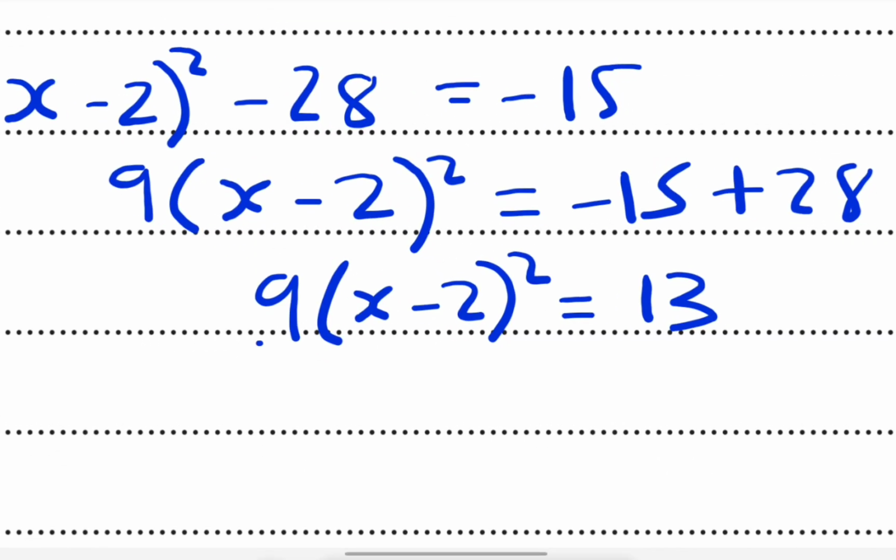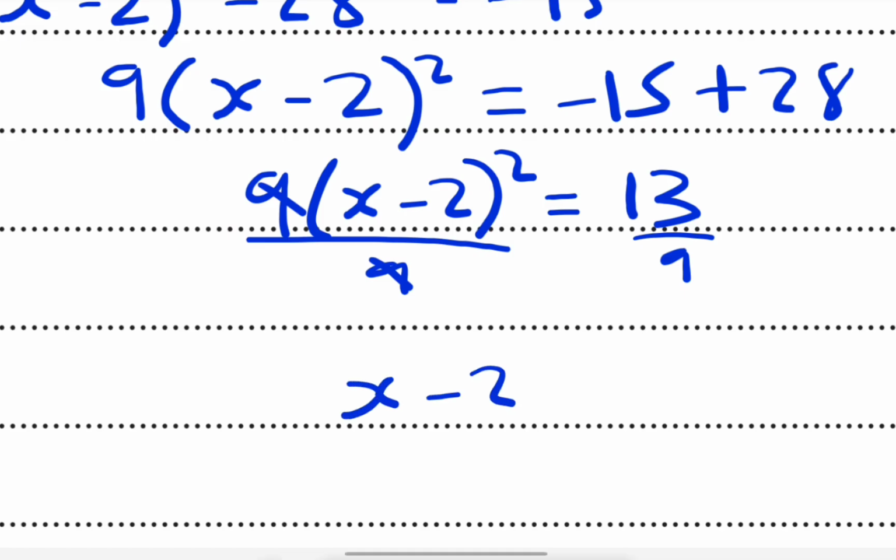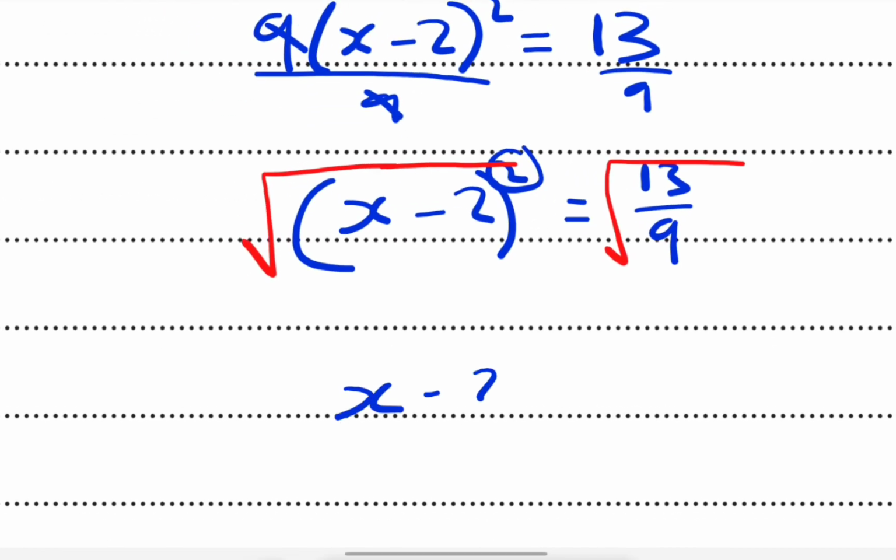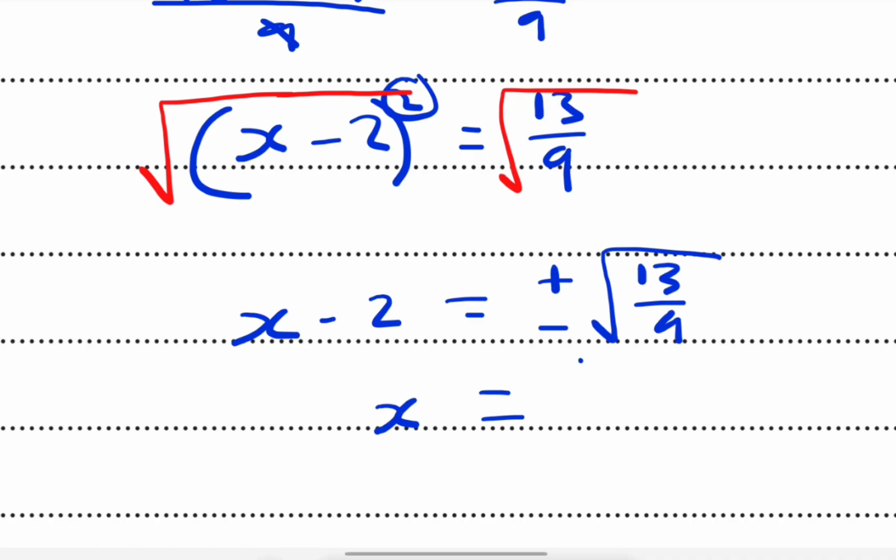Right, and dividing by 9 on both sides, we get (x minus 2) squared is equal to 13 over 9. And to get rid of this, we're going to introduce a square root on both sides, and that gives us x minus 2 is equal to plus or minus root of 13 over 9, and x comes down to plus or minus root 13 over 9, plus 2.